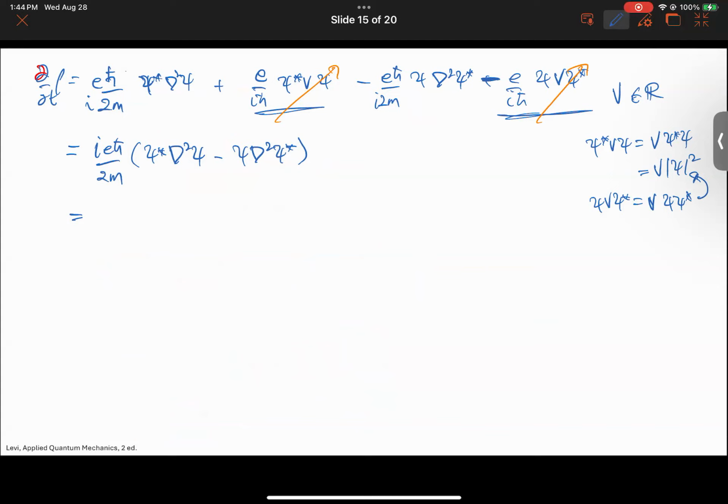Now, we can write this as the divergence of psi star del psi minus psi del psi star.